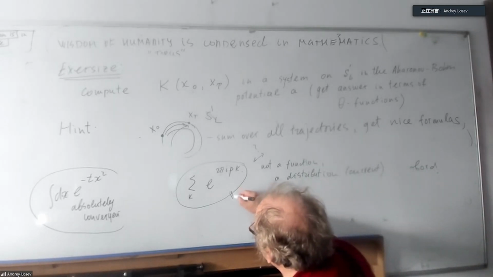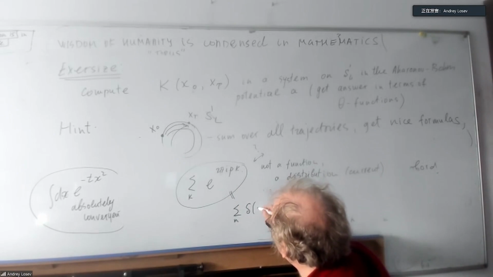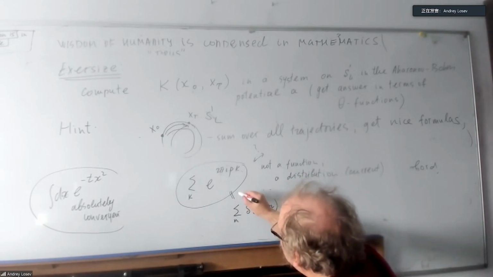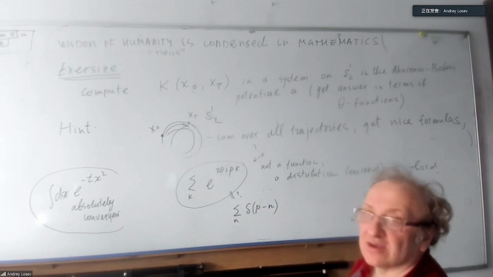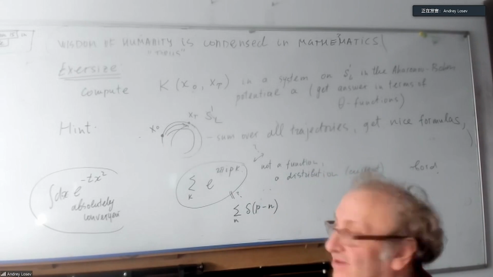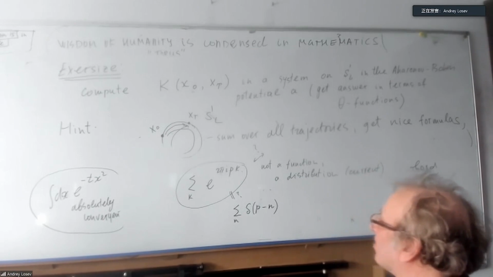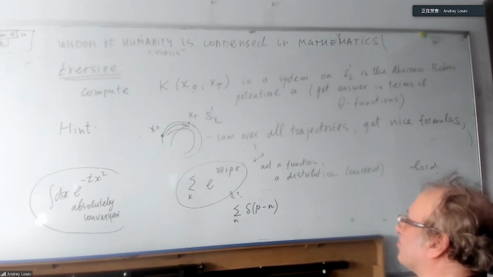Actually, we would like to say that this is the sum over n of the delta function of p minus n. So the delta function is not a function, right? It's a distribution. So let us try to make a mathematical statement out of it.